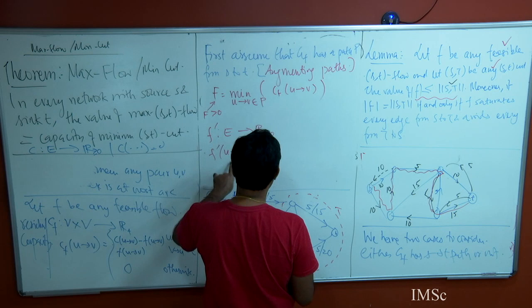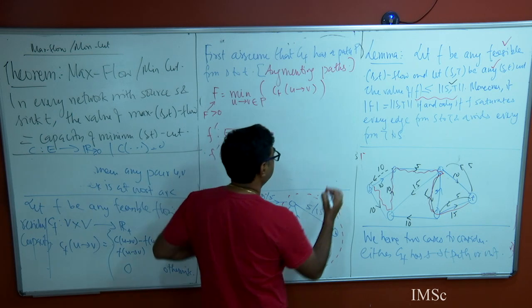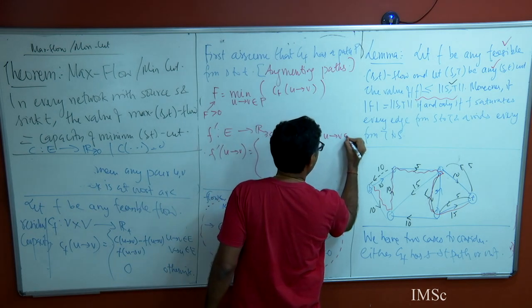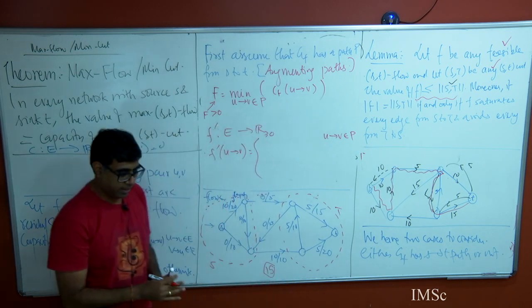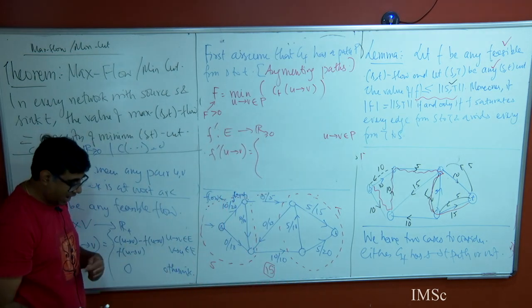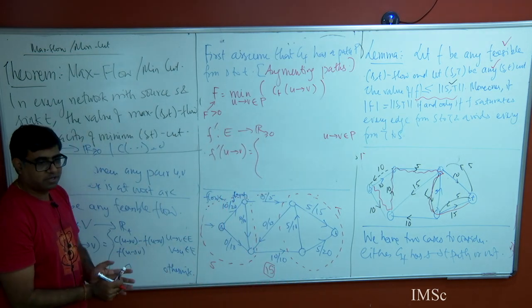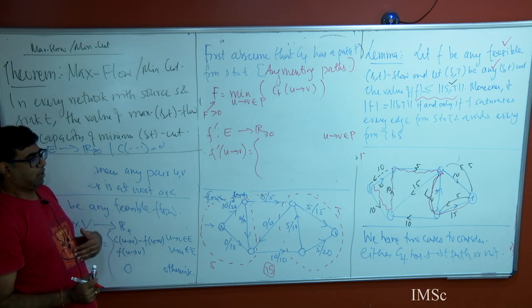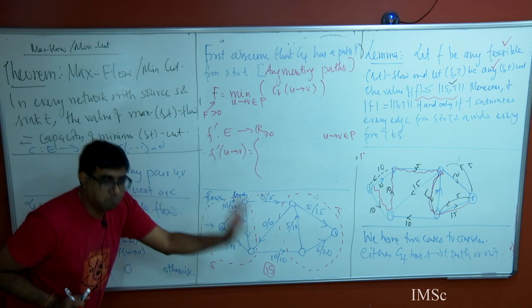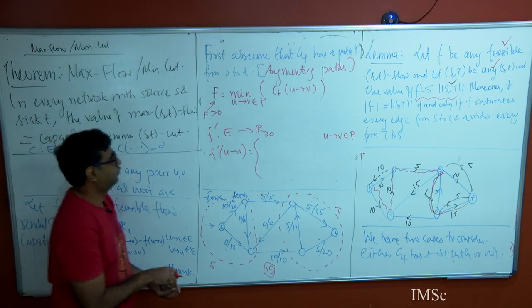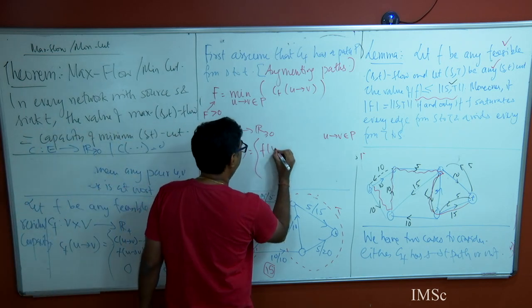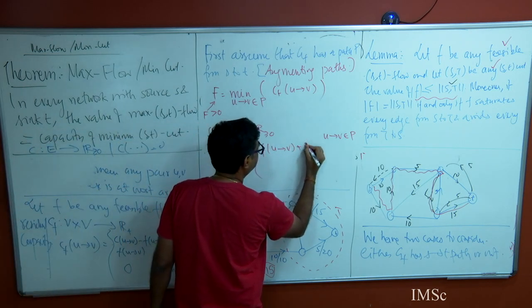So look, uv is in E. Now if uv belongs to the path, then I am moving across the edge inside this path. So what does it mean? Oh, I can send some more flow on this path. So this will be f of u to v plus f.